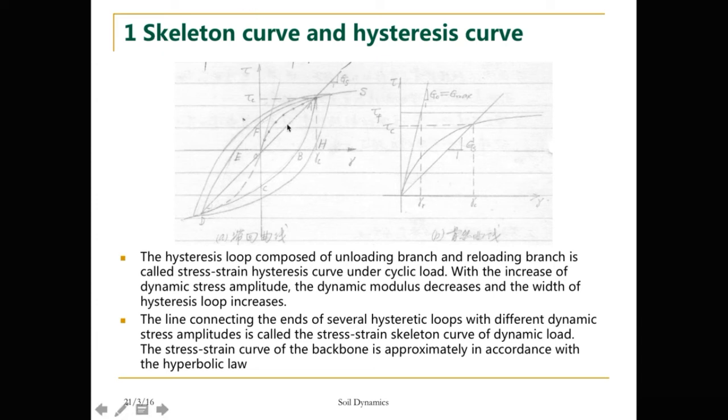Here, this is the skeleton curve. And the hysteresis curve, or we say hysteresis loop. The hysteresis loop is composed of an unloading branch, you see, this is an unloading branch, and a reloading branch. Here, this is a reloading branch.